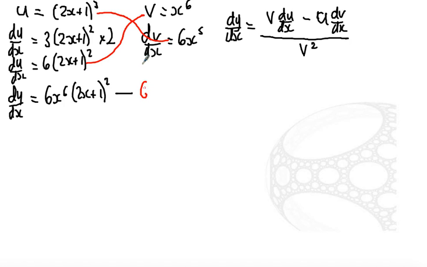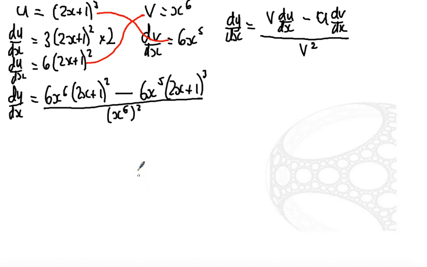So we're going to put the 6x to the power 5 as the coefficient, 6x to the power 5, (2x + 1) cubed. And this is all over v, which is x to the power 6 squared.